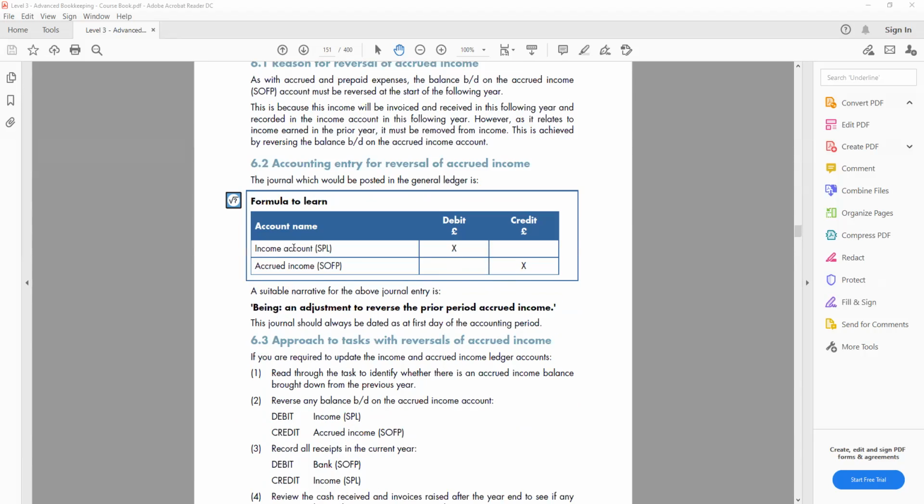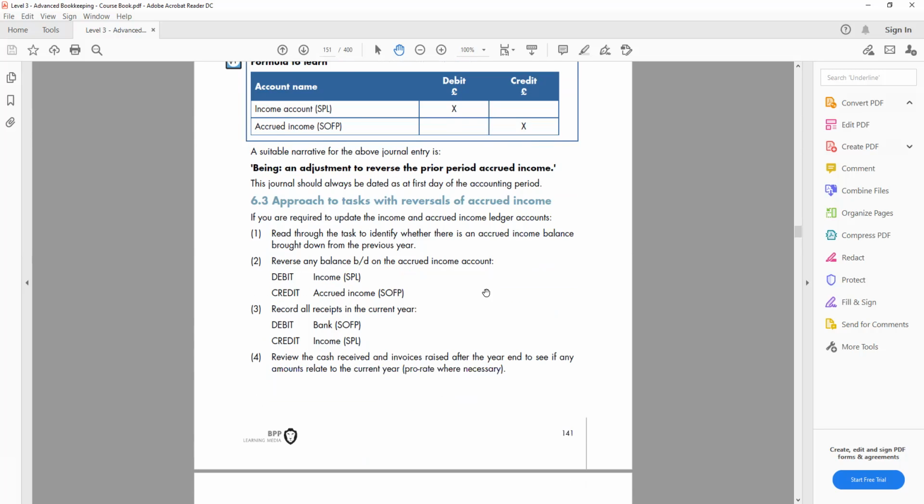Now I need to make my income go down because I already showed this income last year. Income account, statement of profit and loss account, debit. If I make a debit, it will go down because normally the income account is credit. So if I make a debit, that means it will be reduced. And accrued income, I'll make it credit. Before, I said it was an asset; now I'm going to remove the asset because that's not my asset anymore, because the money is already received from the customer.